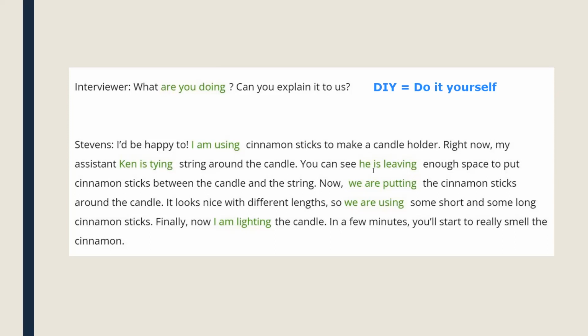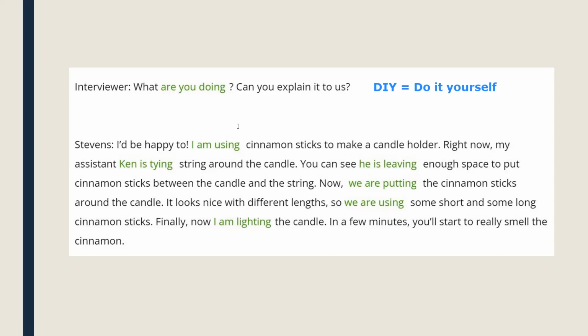You can see he's leaving enough space to put cinnamon sticks between the candle and the string.